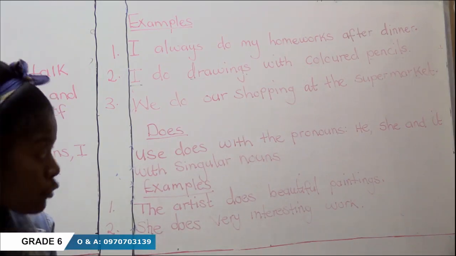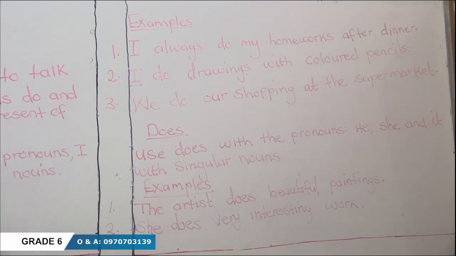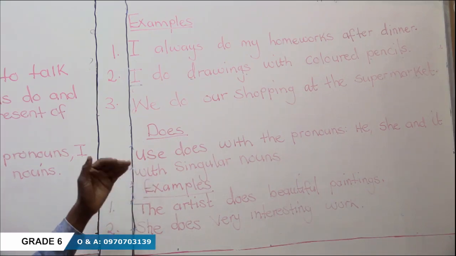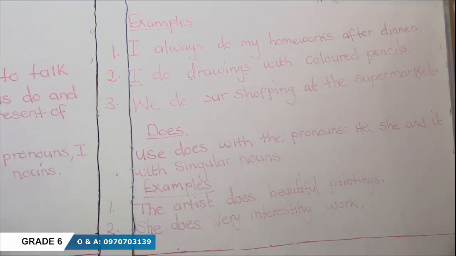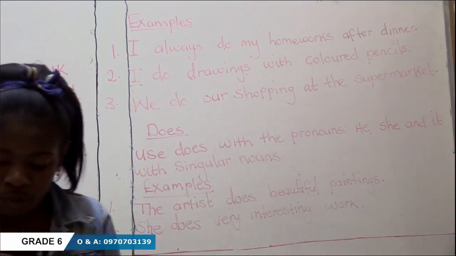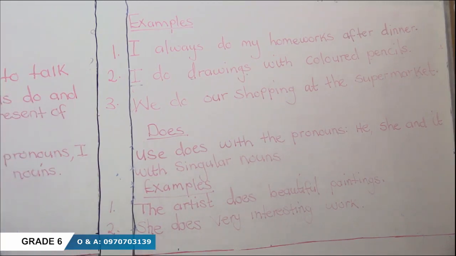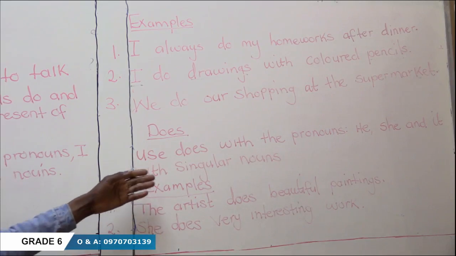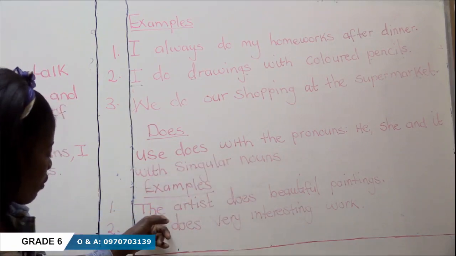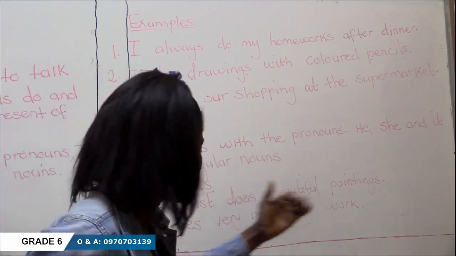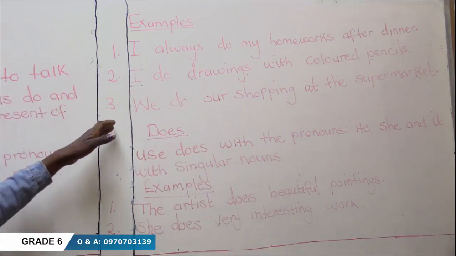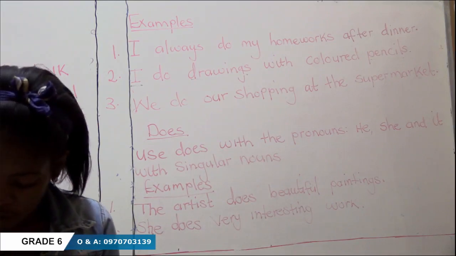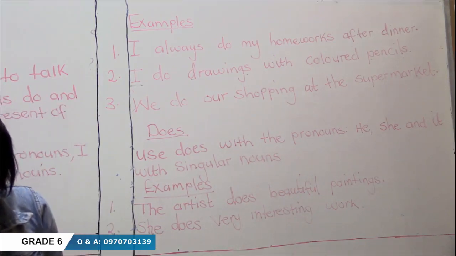Third example, how to use does? Because I've said use does with the pronouns he, she, and it with a singular noun. Who can SMS me the third example? I've given you the first one, the artist does beautiful paintings. Number 2, she does very interesting work. I'm also waiting for the fourth example there, if you're following, boys and girls.